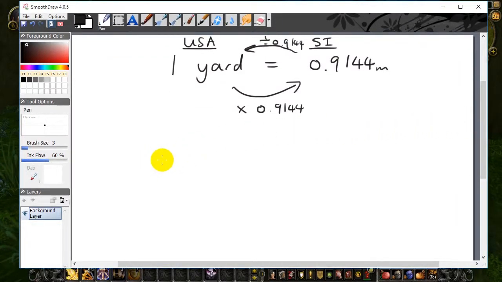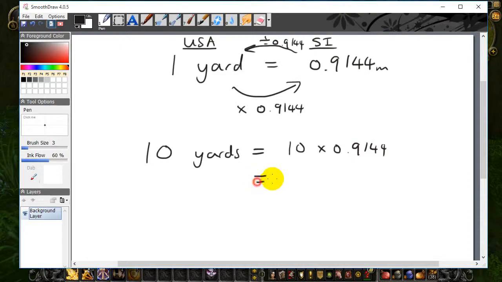So if I'm standing 10 yards away from my target, which is the case that I just showed you before, I will go 10 times 0.9144, which I can do very quickly in my head, and it would be 9.144 meters.